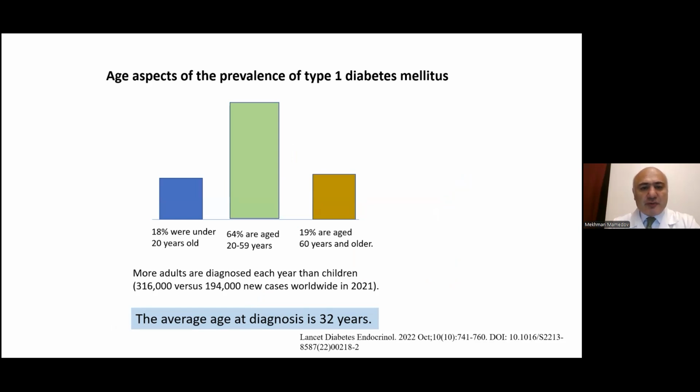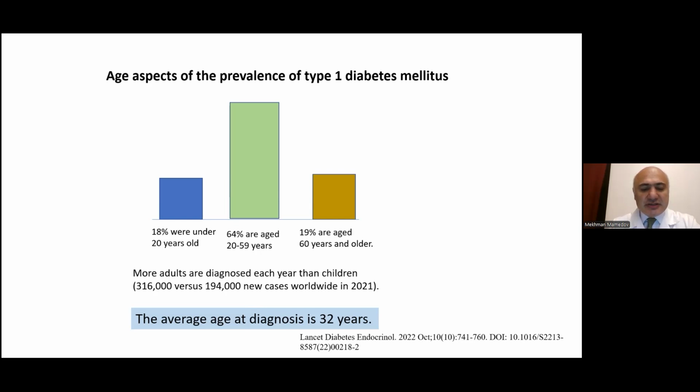And age aspects of the prevalence of type 1 diabetes mellitus are interesting too. More adults are diagnosed each year than children. Only 18% were under 20 years old, 64% are aged 20 to 59 years, and only 19% are aged 60 years and older.